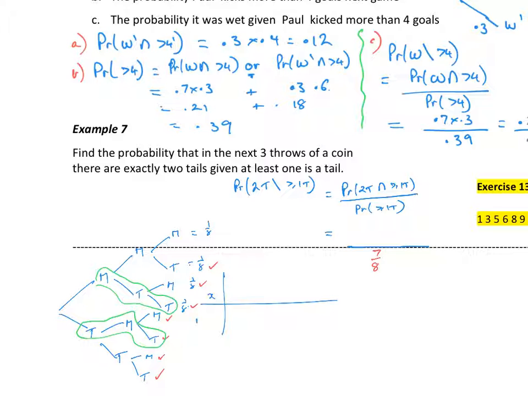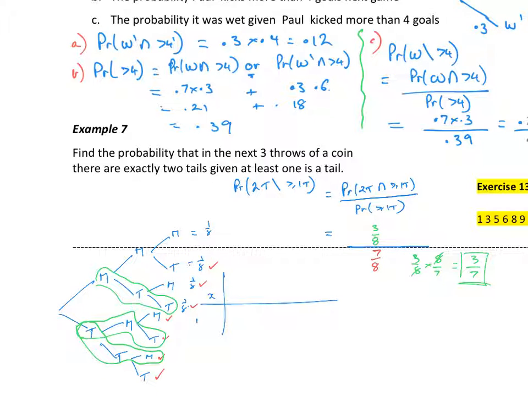Oh, tail, tail, head. So there's three. Okay, which means then we get 3/8 times 8/7, cross out. So the probability of exactly two tails, given at least one is a tail, is 3/7.